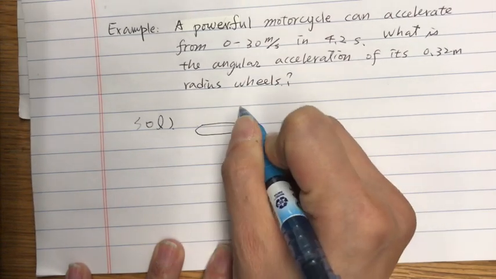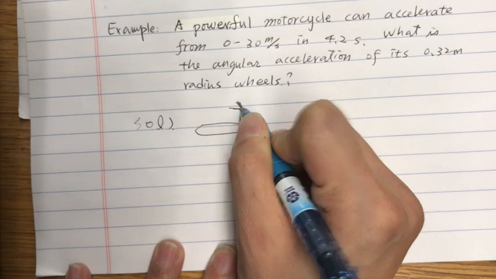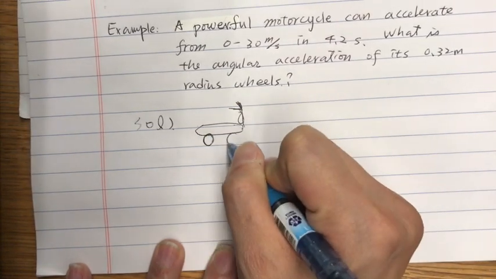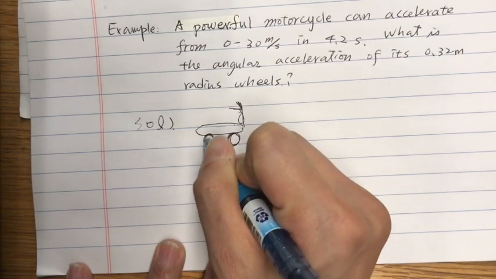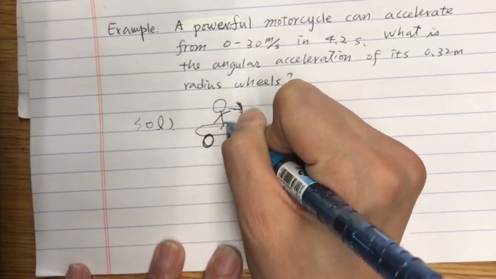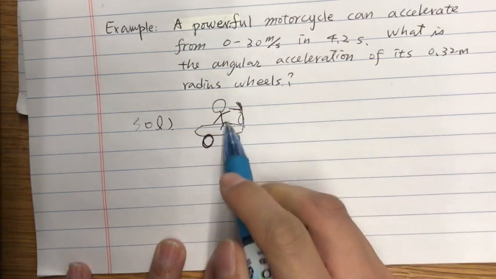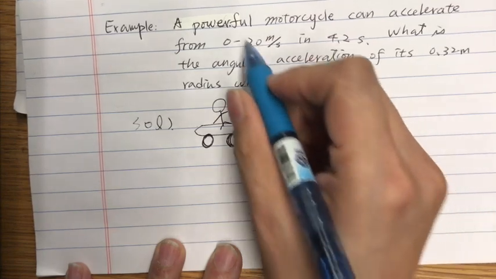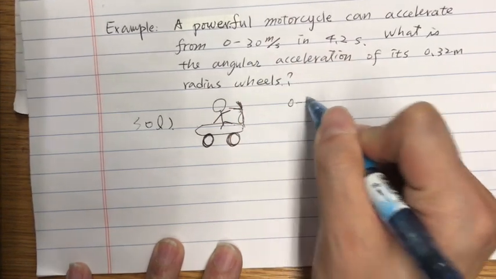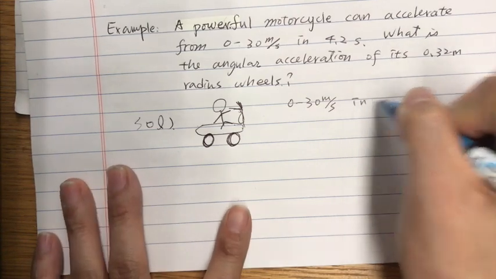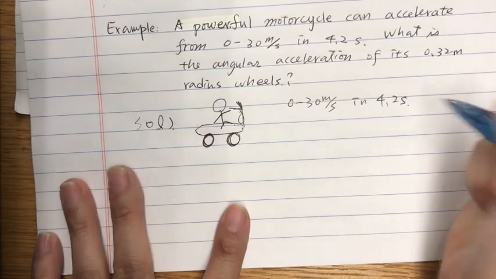Let's say this is the motorcycle, and that's the wheel. So this person is driving this motorcycle. It will accelerate from 0 to 30 meters per second in 4.2 seconds.